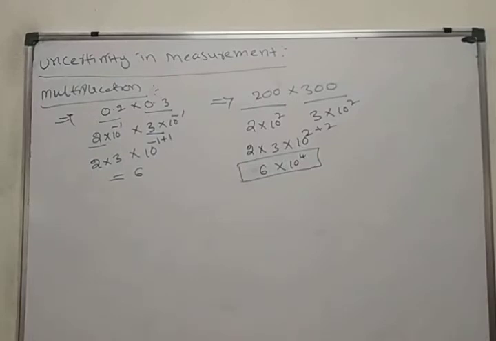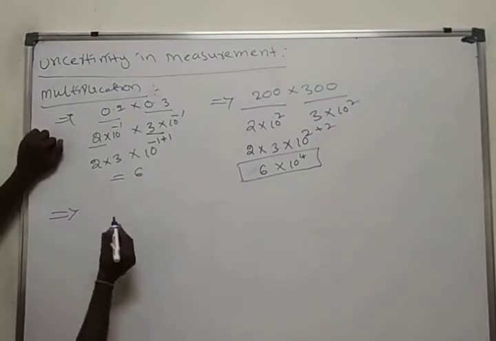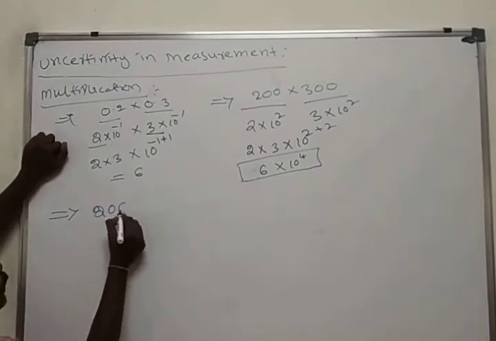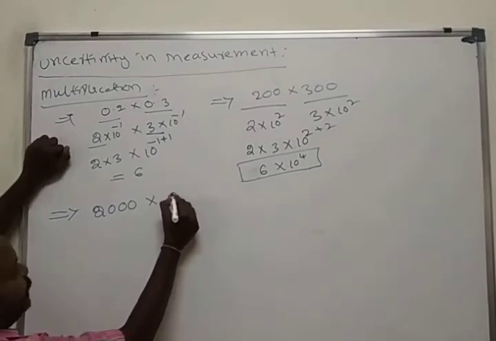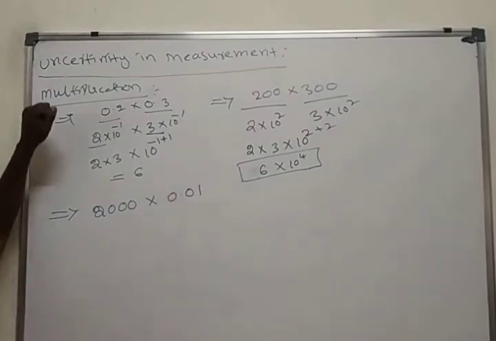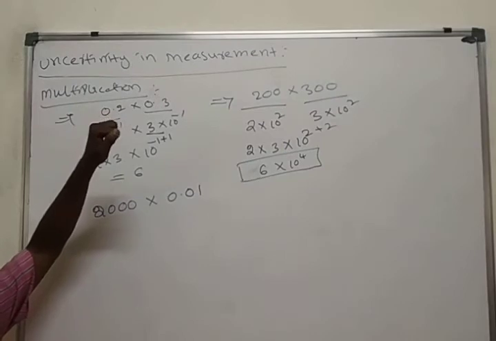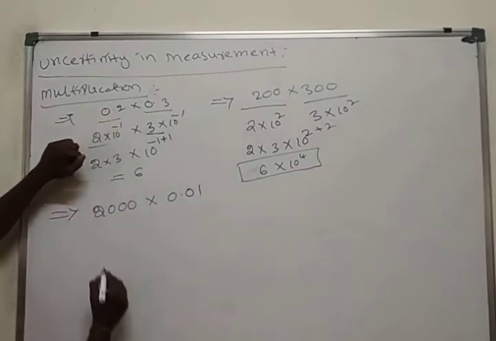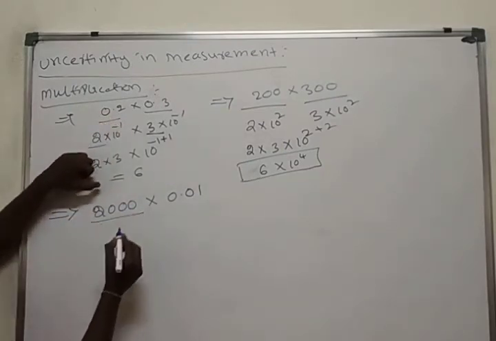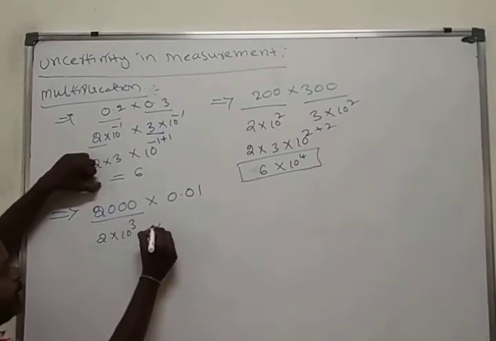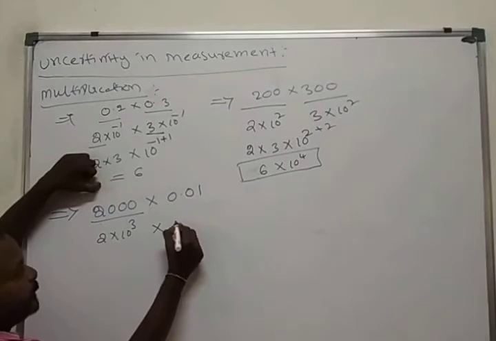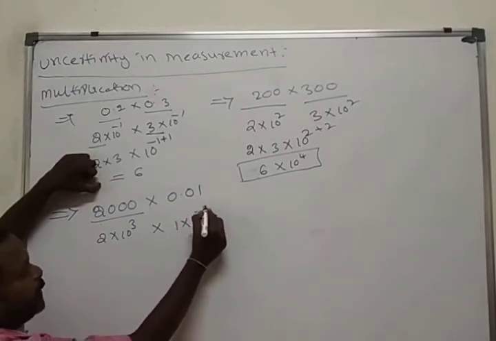For example, if you take 2000 into 0.01. Here 2000 means 2 into 10 to the power of 3, and 0.01 means 1 into 10 to the power of minus 2.